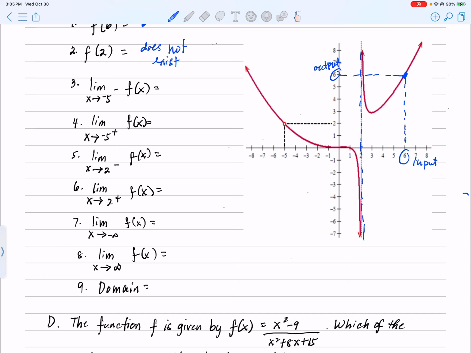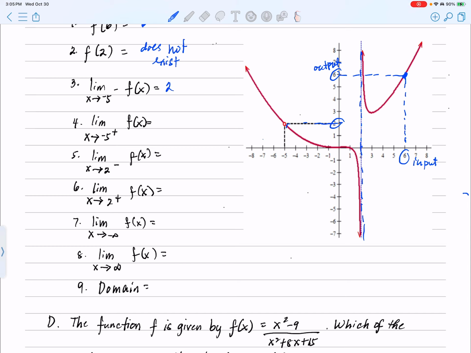So negative 5. Let's look at negative 5. Oh, negative 5 is where the location of the hole. So we have a hole here, and it goes to 2. The y value approaches 2.